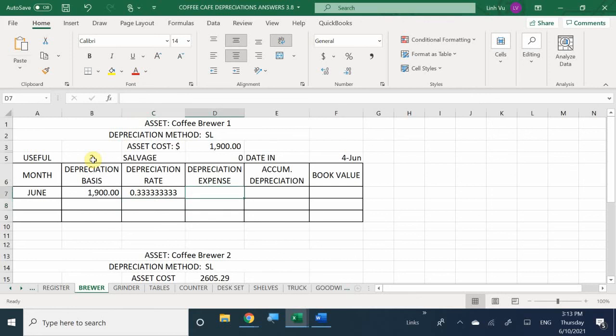So then, what is going to be my depreciation expense? $633.27. How did you get that? I took the 1900 times the 0.3333. Okay, so 633.33. Now, is that value for the whole year or for the month?